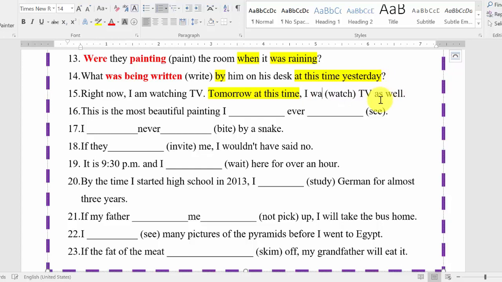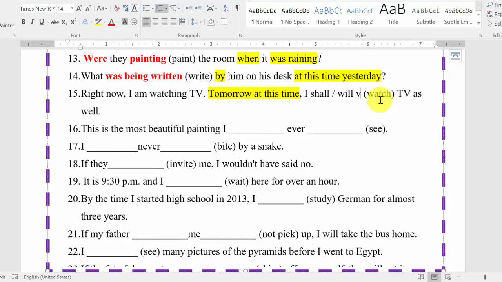The format is will or shall, be, verb-ing: watching. Active voice, because this person can do this action to TV. I can watch TV, so it should be active. So active future continuous tense: will, shall, be, verb-ing. So the answer should be this.